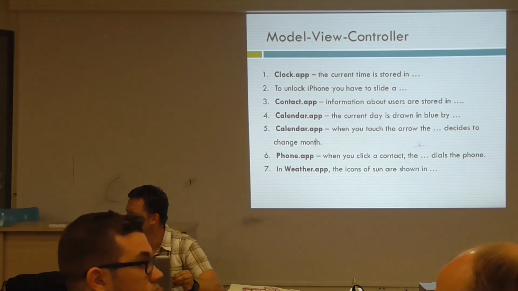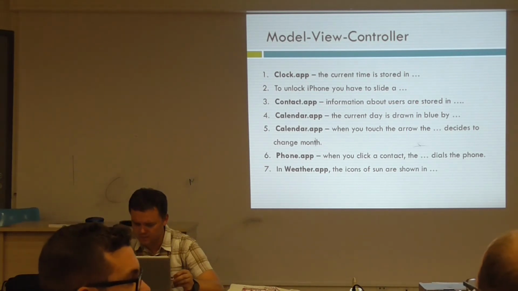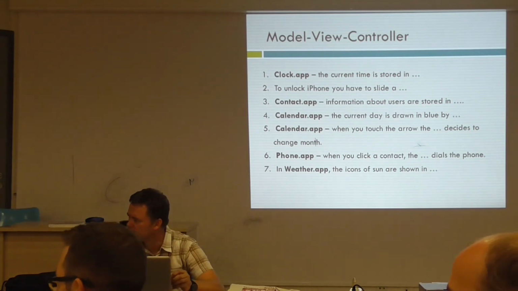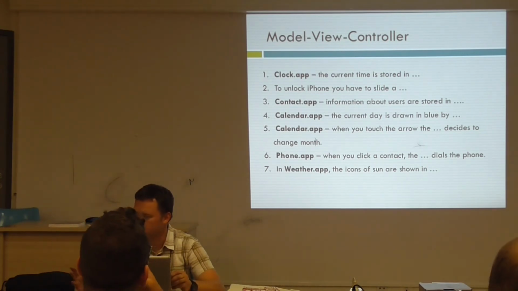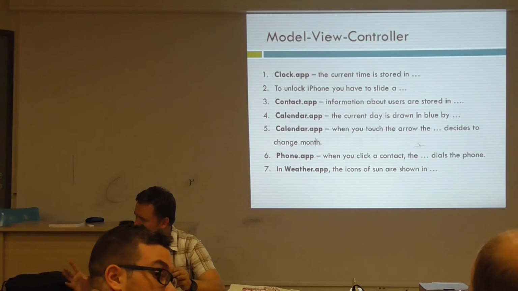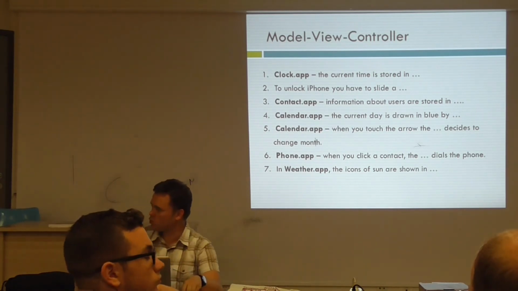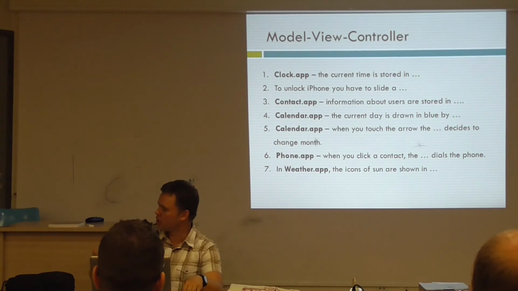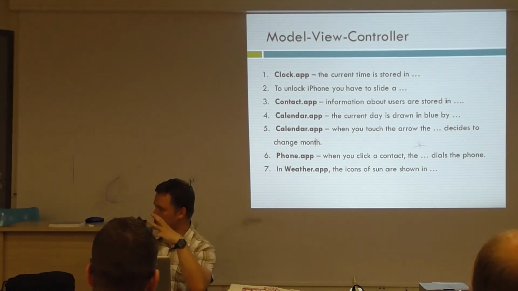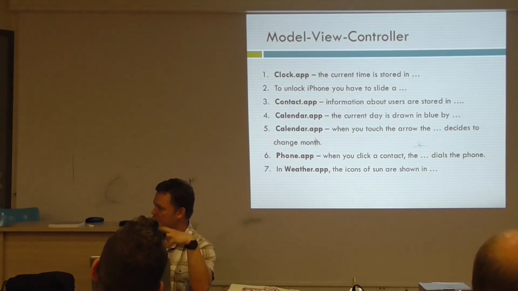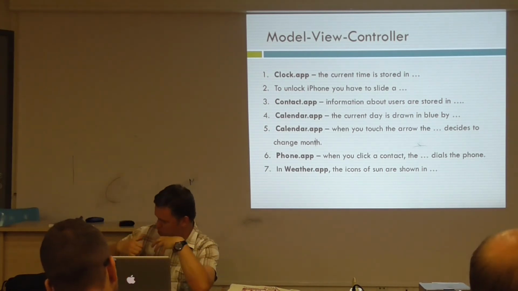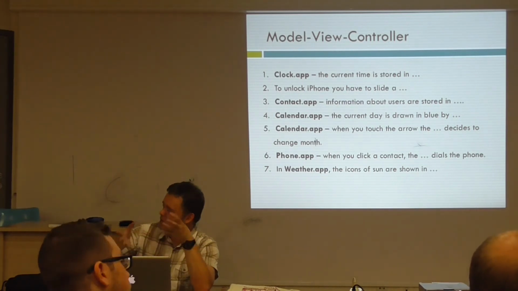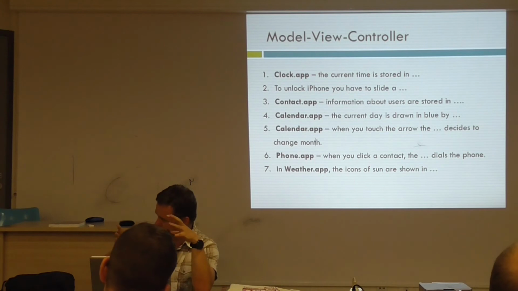When you said that the current day is drawn in blue by view, isn't it the controller who makes the day blue and just the view displays? But controller is not, okay, controller because the function that could be associated will be called from view. Okay, yes, because view means everything that has graphical structure. Graphical structure presented part means view. So data that could be presented is stored from the model, but the way how it's presented means view.